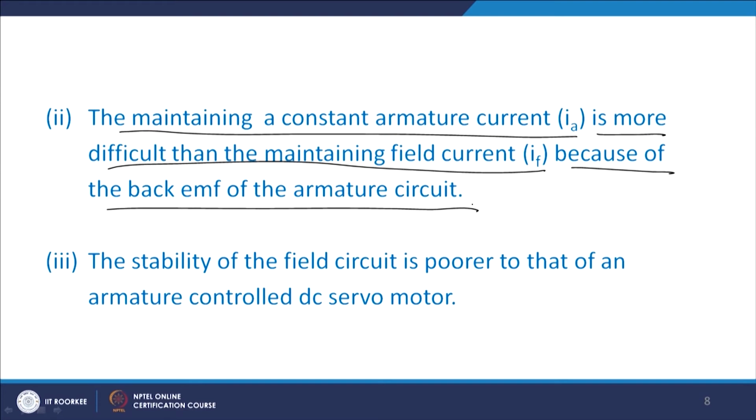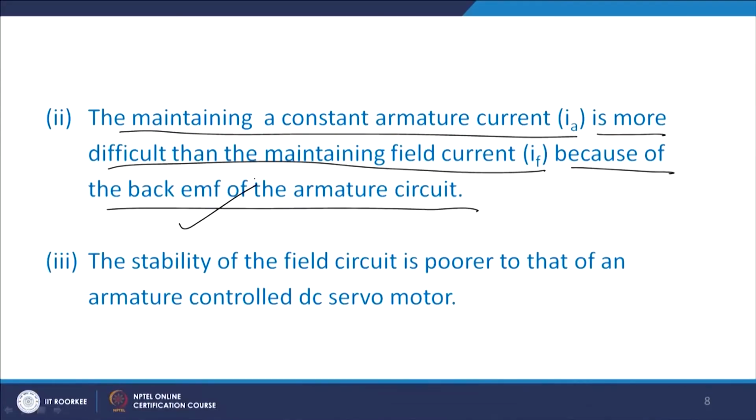Although we got some advantage that we can reduce the model in the case of armature control, the armature current is difficult to control because the back EMF plays a role. As the speed changes, the armature current changes. So controlling this back EMF is also very challenging. Therefore it is difficult to keep a constant armature current, whereas it is easier to keep a constant field current. This is the difference between armature control and field control.